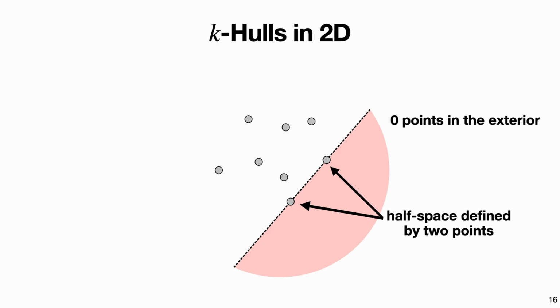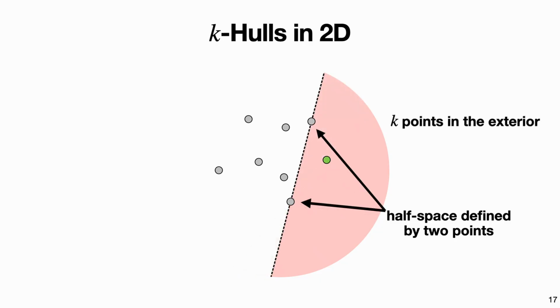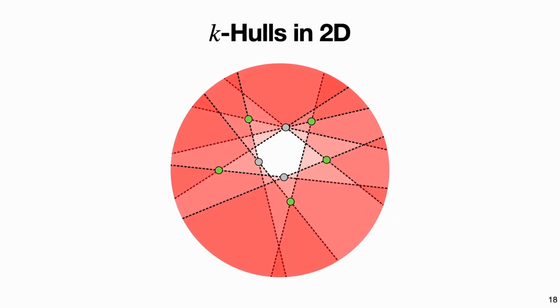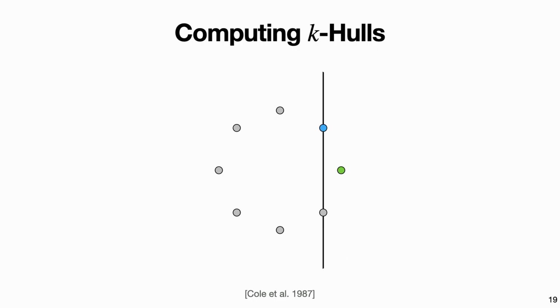For the convex hull, we said 0 points in the exterior, but now we relax this property and say that there may be k points in the exterior. This is all of the modification we need, because in the end, we can again take the intersection of these half spaces and say this is our hull. The algorithm to compute this is very similar to the convex hull, because we start with some half space that satisfies our constraints.